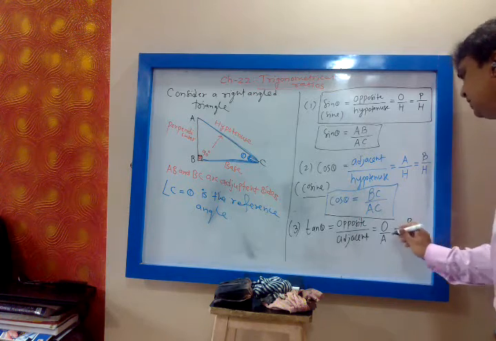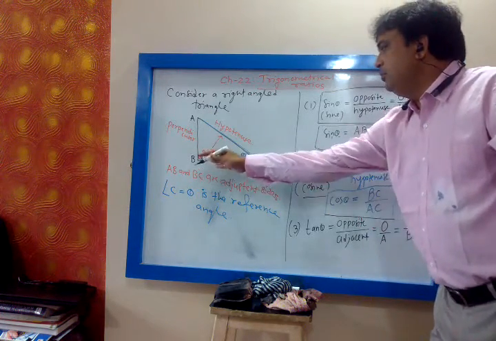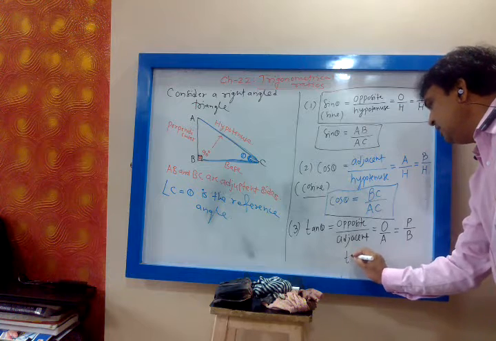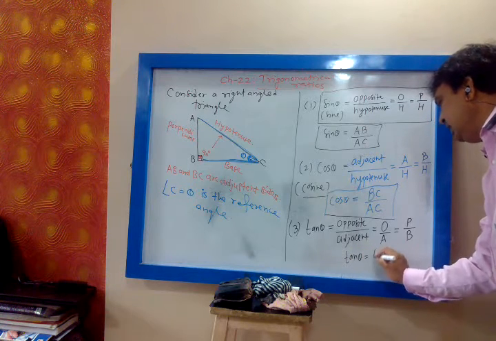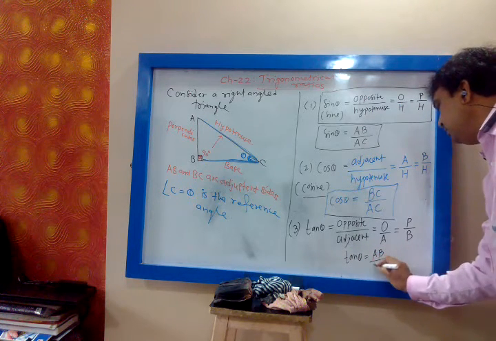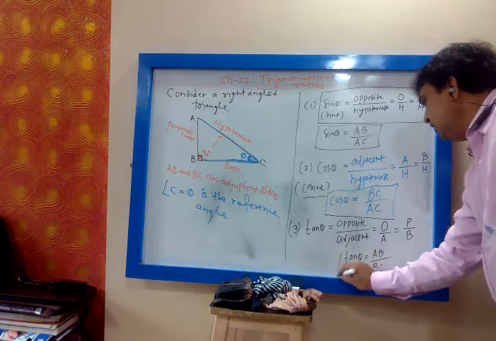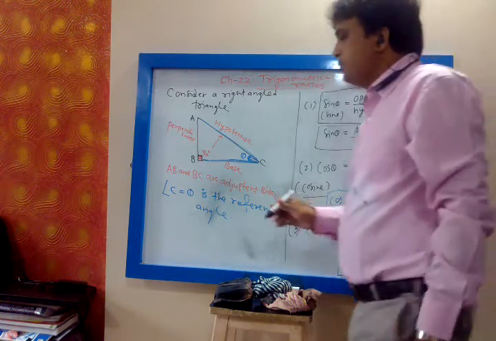What is perpendicular upon base? AB upon BC. So tan theta is AB upon BC.